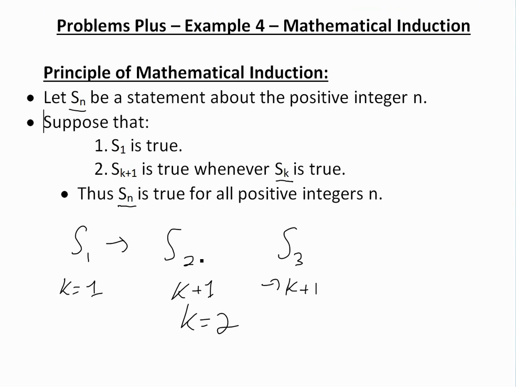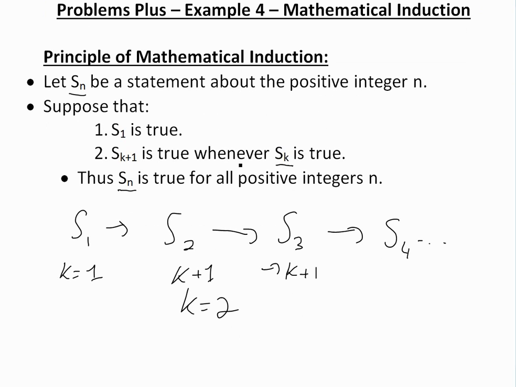So if this is true, you can keep doing this forever and ever: S4, etc. This is just a way of mathematically deducing that Sn is true for all positive integers. Now we'll go through an example to illustrate this further.